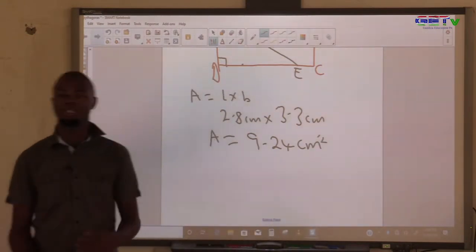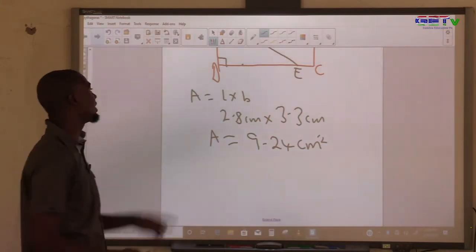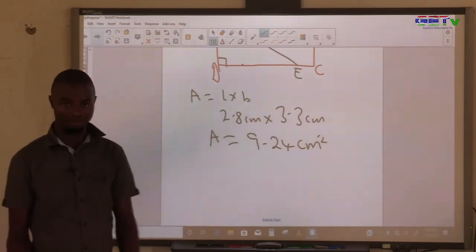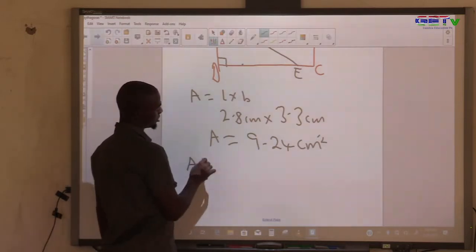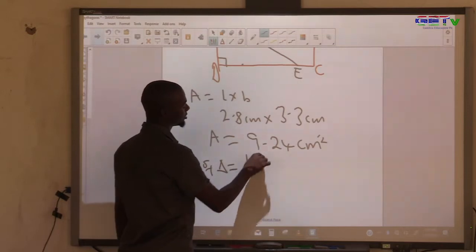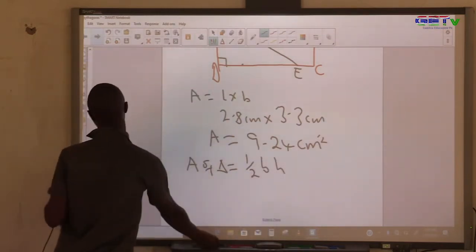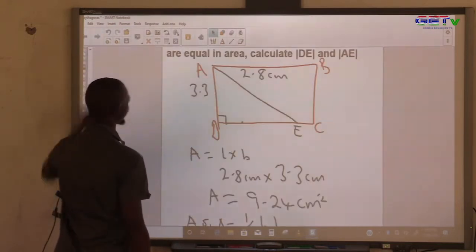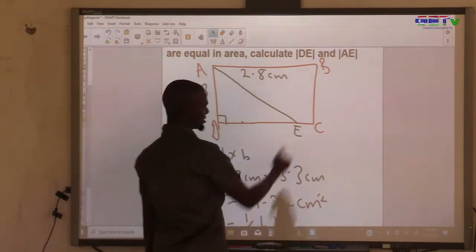They tell you the area of the rectangle and the area of the triangle ADE are equal. Area of triangle is equals to half base times height. If you get the diagram a little back from our triangle, this is the height and this is the base.